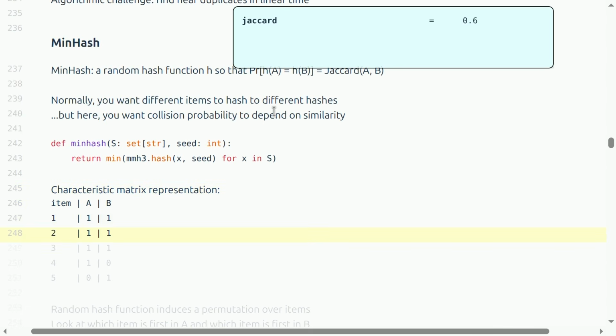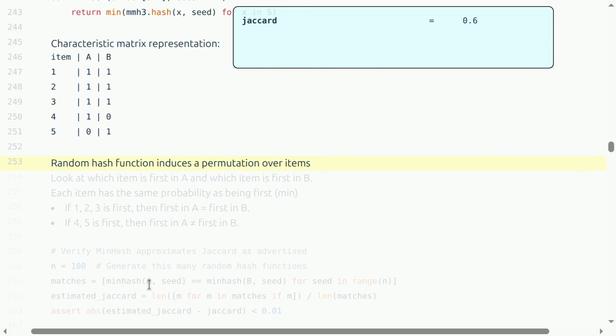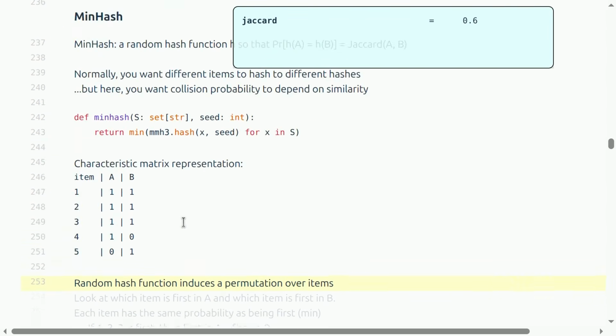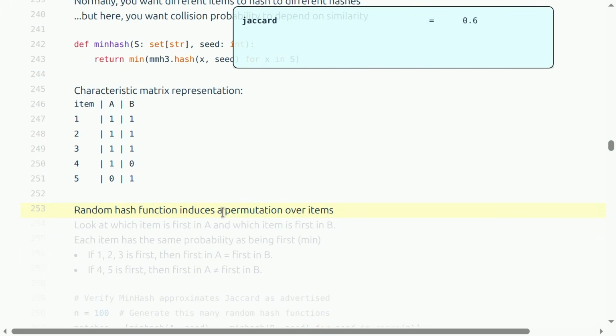So here's the picture that you should have in your mind. Remember A contains 1, 2, 3, 4, and B contains 1, 2, 3, 5. So this is a characteristic matrix representation of these 2 sets. And what the random hash function is doing is that it induces a permutation over the items. It might be 4, 3, 1, 5, 2, or something else. And then you look at which item is first, according to this permutation, in A, and which item is first in B.